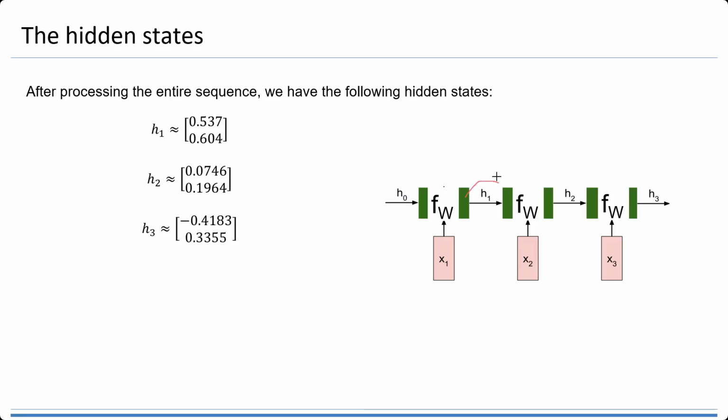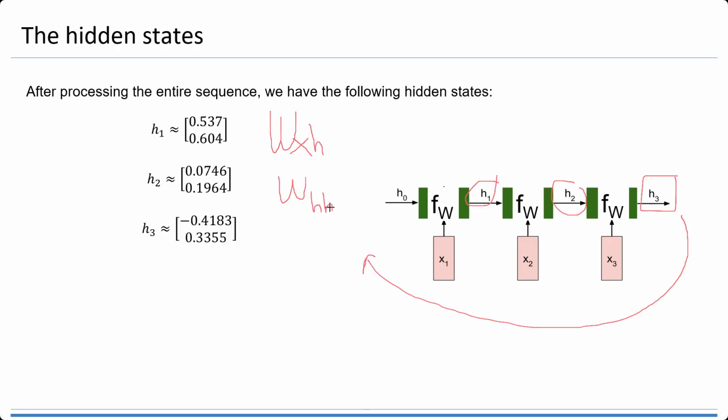After we got h1, h2, h3, we will do it again from the beginning after we update the weights. So we will update the W_xh and the W_hh. We use the neural network to update the weights.